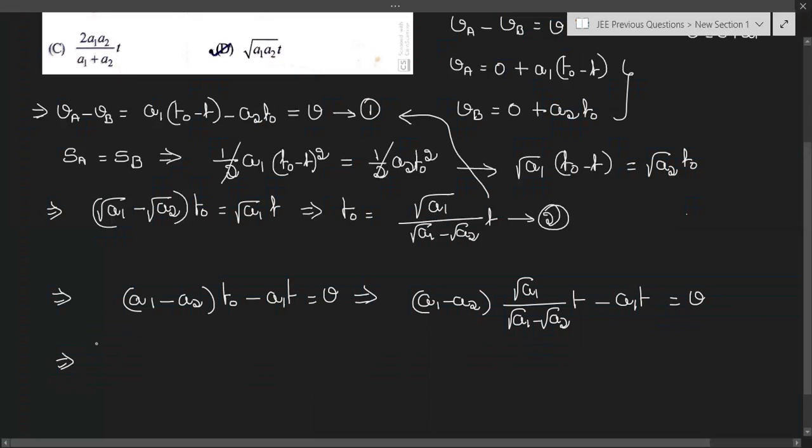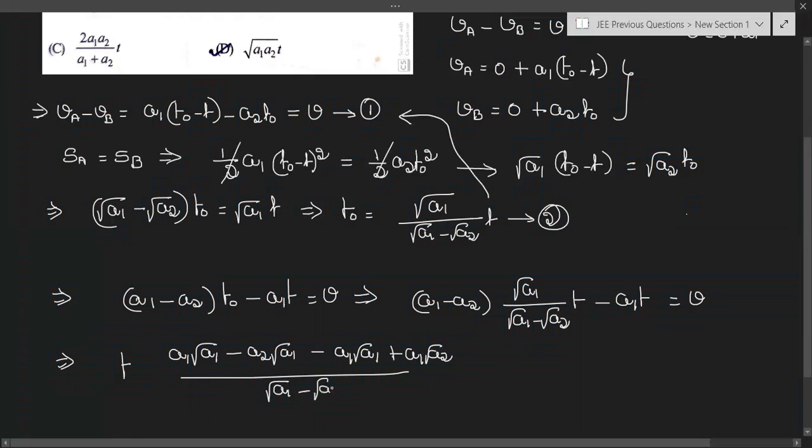That implies t into [a1 into root a1 minus a2 into root a1 minus a1 into root a1 plus a1 into root a2] by (root a1 minus root a2) is equal to v.